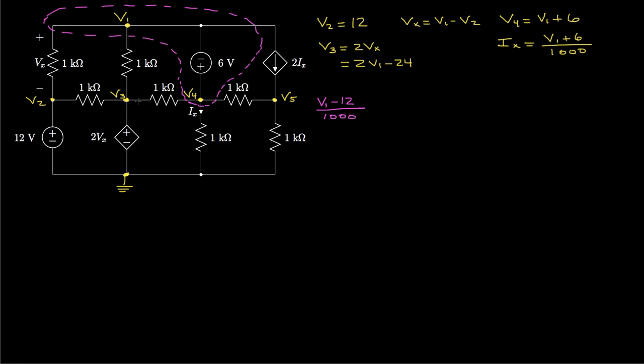Then we've got V1 minus V3, but V3 is 2V1 minus 24, so that's going to be V1 minus V3, so that'll be minus 2V1 plus 24, and that's divided by 1000 ohms.